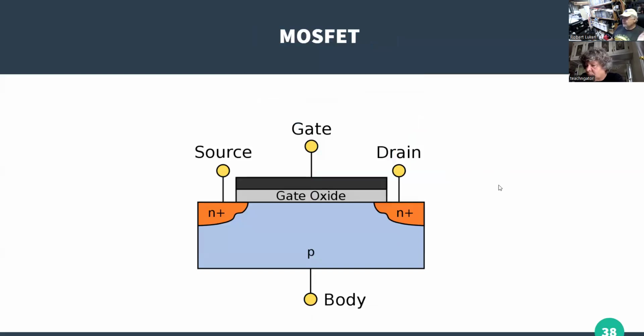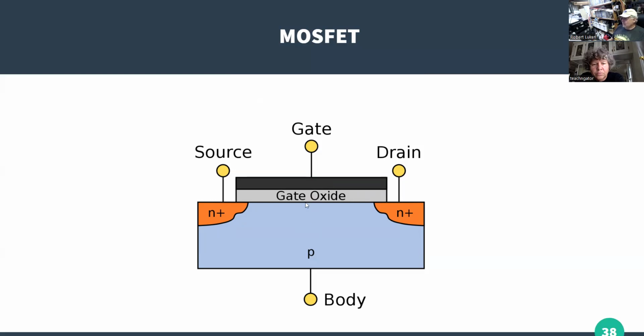This is just another cross-section. In this case, it's showing a metallic oxide field effect transistor, where instead of the junction, we actually have this plate that the gate, a metallic plate the gate is connected to, separated by an insulator, so it's almost like a capacitor, because we create an electric field in this region.